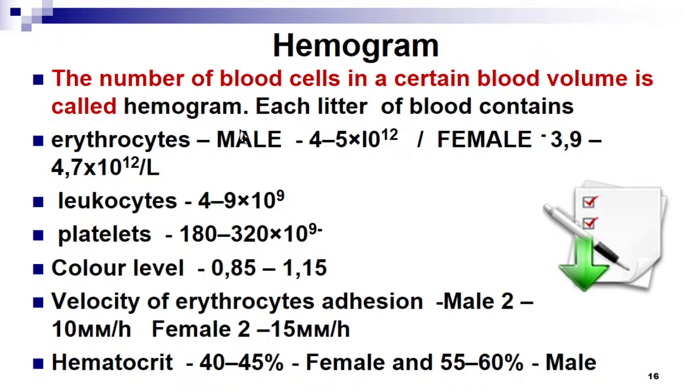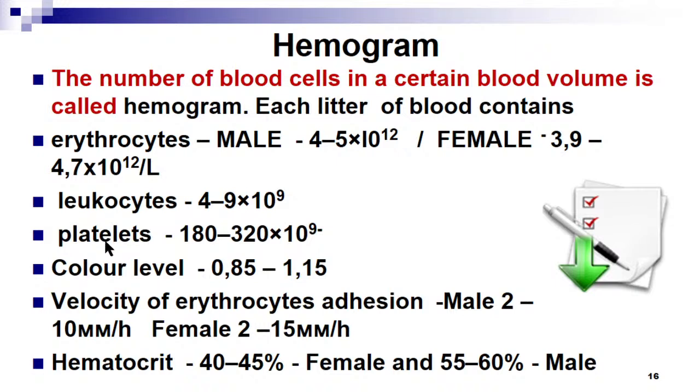From another side, we have the leukocytes. Leukocytes are the white blood cells. They number around 4 to 9 times 10 to the 9th per liter. So these cells are fewer than red blood cells, or erythrocytes.